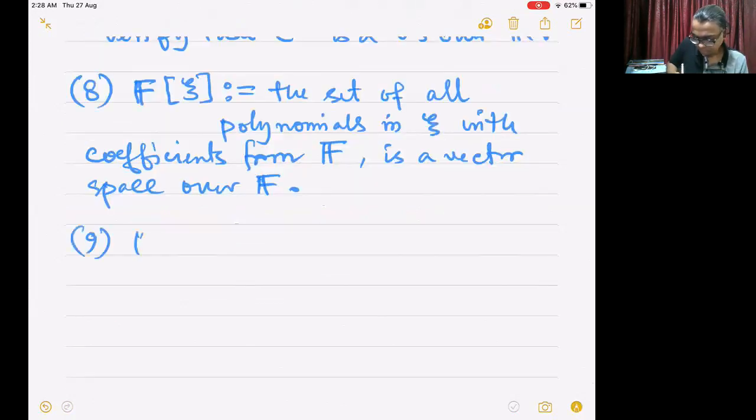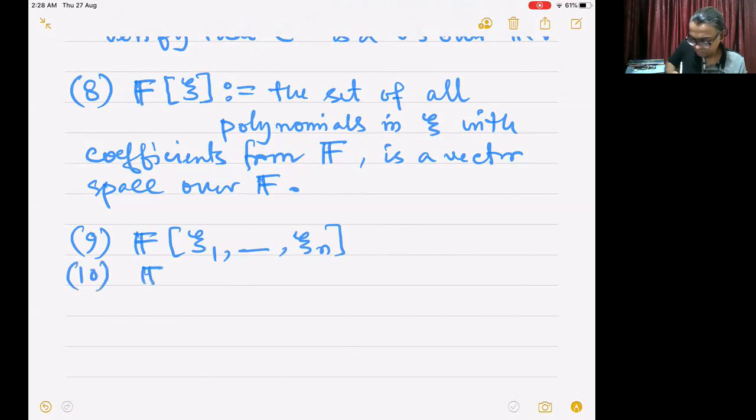You can look at F n-variable polynomials, xi1 up to xi(n). This is also another vector space. Laurent polynomials, F[xi, xi inverse], is a vector space. Yeah, all these are vector spaces.